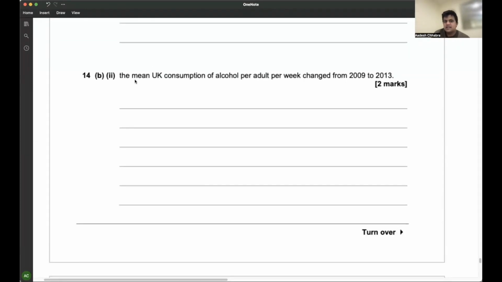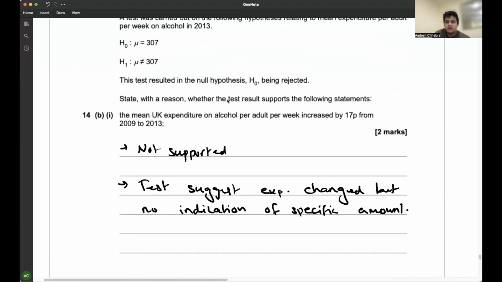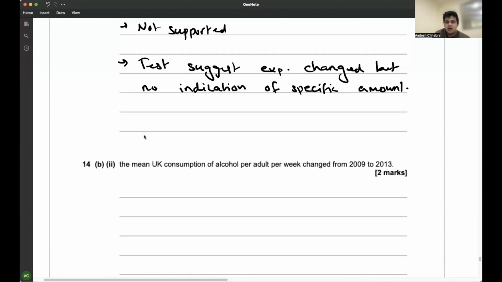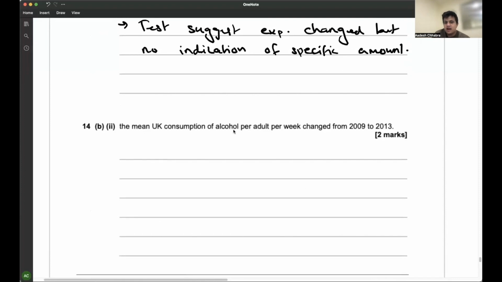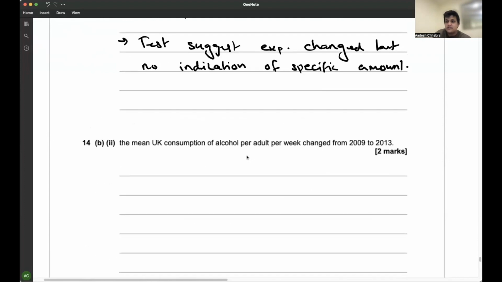Our second statement is that we're supposed to use the test to state whether the mean UK consumption of alcohol per adult changed from 2009 to 2013. Now, the test only indicates that expenditure increased, but that may not necessarily correlate to consumption. Expenditure may also have increased if, for example, the price of alcohol went up.